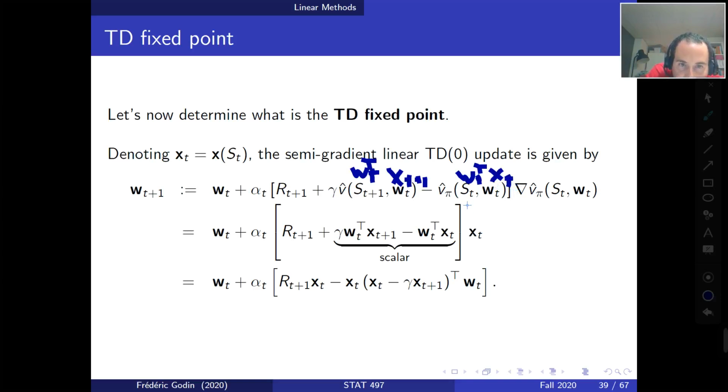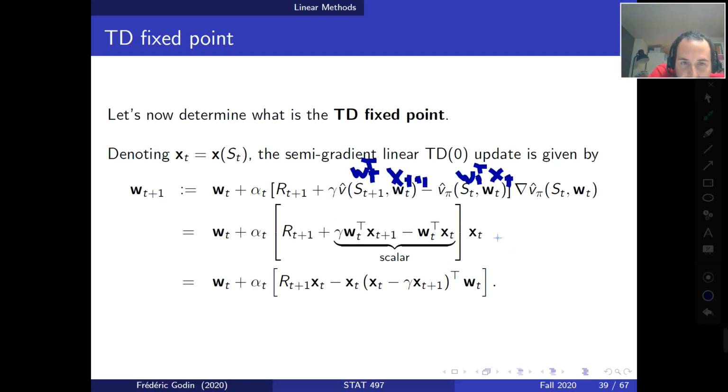This term involves the state s_t, so the feature vector is x_t. This is the state s_{t+1}, so the feature vector is x_{t+1}. And this is how we get to the second line here.